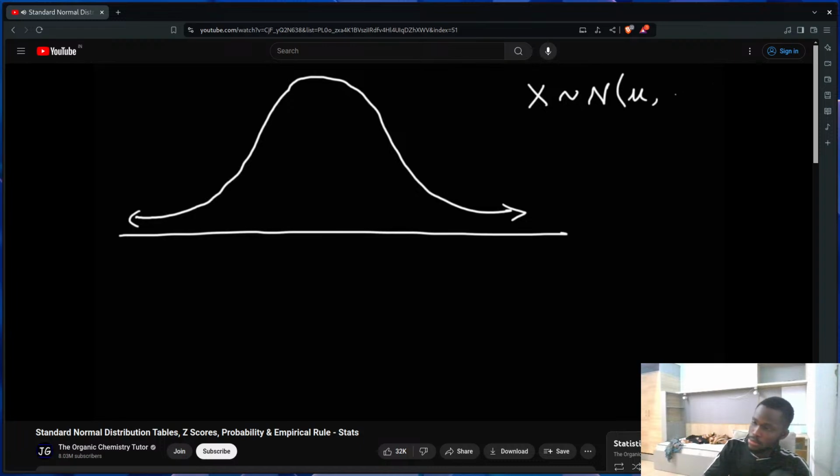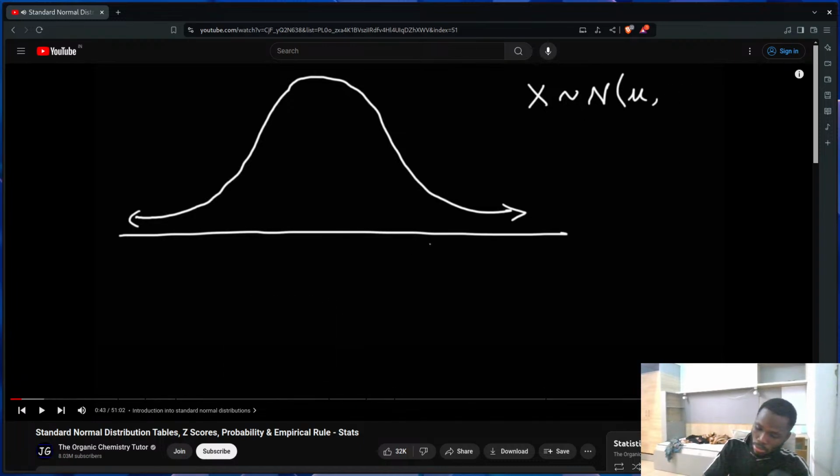That is the mean and the standard deviation represented by the symbol sigma. That kind of looks like theta, but there it is.